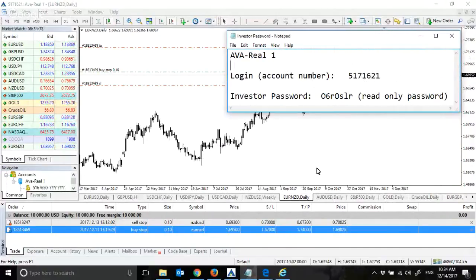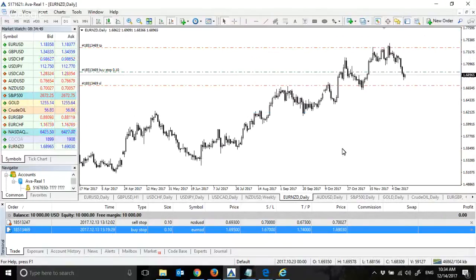This is a real and live account that we just started trading yesterday on December 13th. And these are the first two orders that we have in the account, New Zealand dollar and euro and the US dollar, of course. And today we are going to add the Swiss franc.